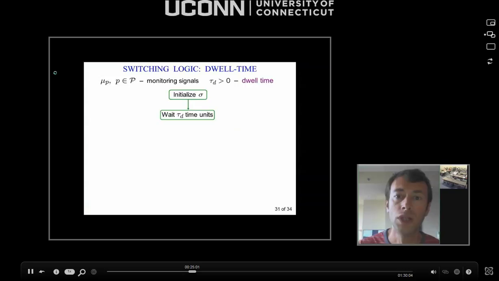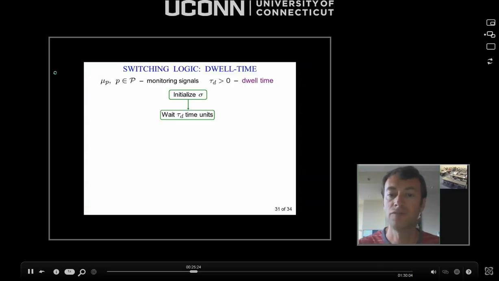Instead of always switching to the index of the monitoring signal that's the smallest, I'm going to wait tau_d units of time before carrying out the minimization procedure and picking the smallest index. So at each tau_d units of time, I'm going to find the index p bar that corresponds to the smallest monitoring signal.